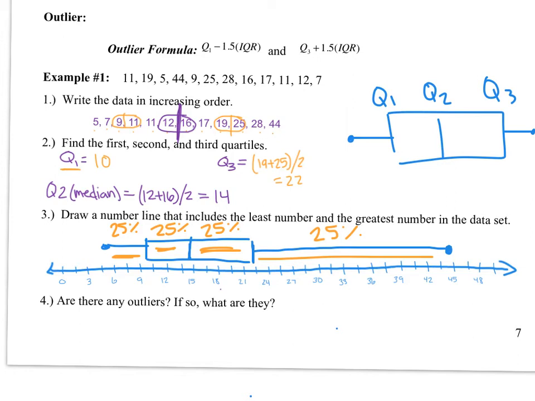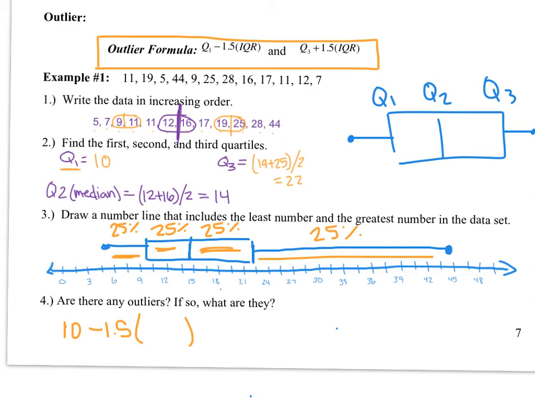So number 4, then it asks us, are there any outliers? If so, what are they? So again, your outlier formula is up there at the top. We need to check first, does anything lie below our first quartile, which is 10, minus 1.5 times our IQR.